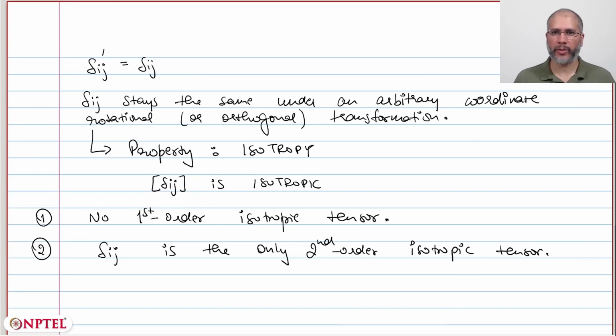That is, if you multiply a scalar to this quantity, that will also satisfy the property of isotropy. And you can check that from the derivation that we just did. We have shown that delta ij is isotropic, but we haven't shown that it is the only isotropic second order tensor. We'll not do it right now. But through one of the problems, we will show that delta ij is the only second order isotropic tensor. So that's a problem for later.